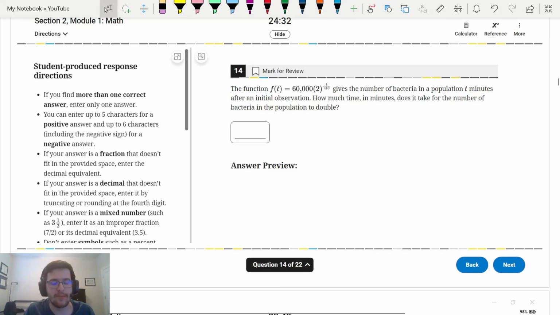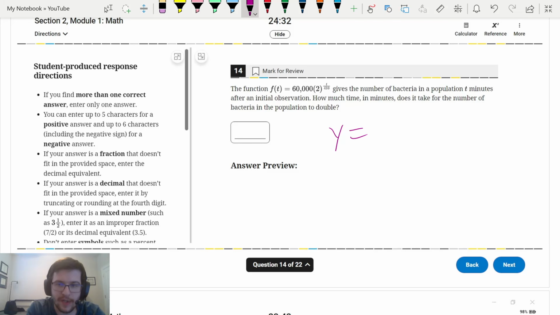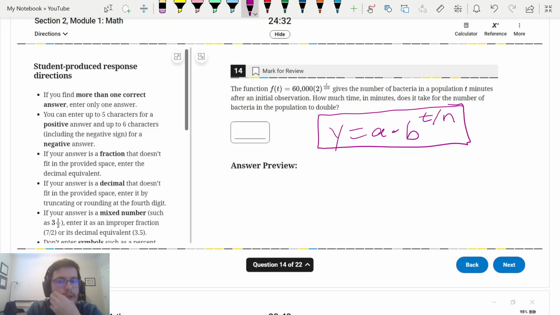This is a slightly more complicated exponential, different from the one I just taught you before. The equation goes like this: a times b to the t over n. A again is the starting value, the starting y value, or the y-intercept. B is the growth/decay rate. T is just time.